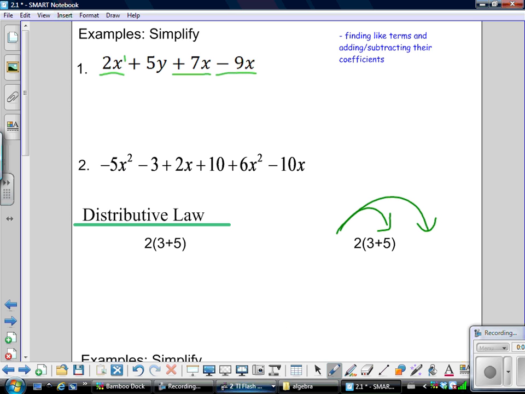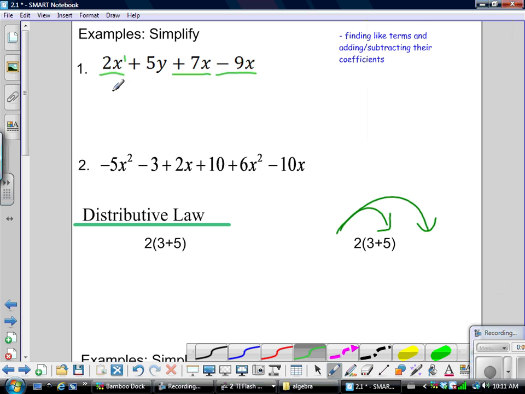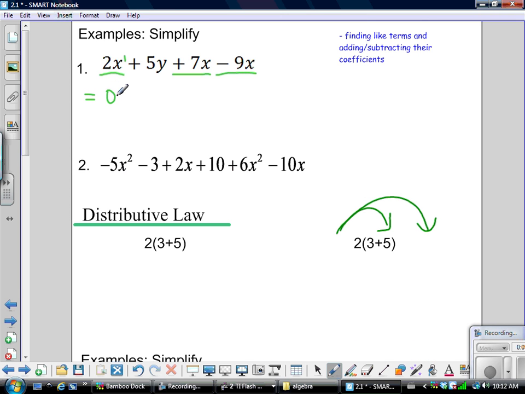So really what I'm doing, and depending on how well you are with this, I'm just going to bring up the calculator to show you that all I'm doing is a positive 2 plus a 7 minus a 9. When I hit enter, that tells me how many x's I have. It says I have 0 x's. Amazing. So I'm going to literally put down equals 0x.